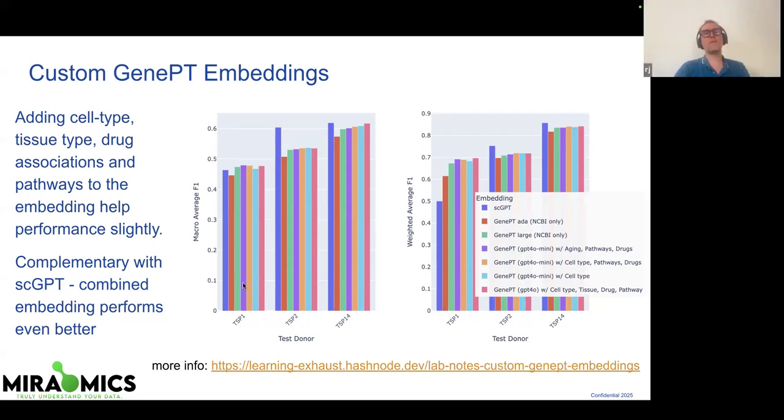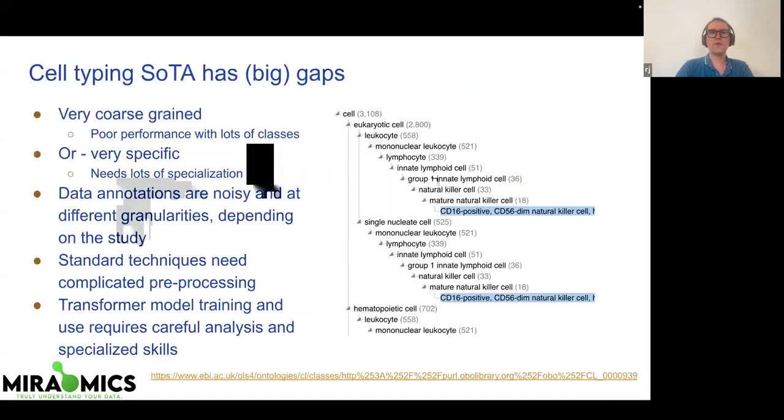Yeah. The F1 score is not great; it only makes sense if you have all of the cell types at the same level in the hierarchy, right? Way back in the beginning of the presentation, you have this hierarchy.